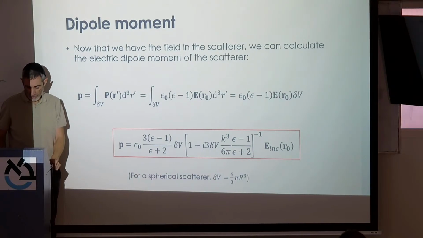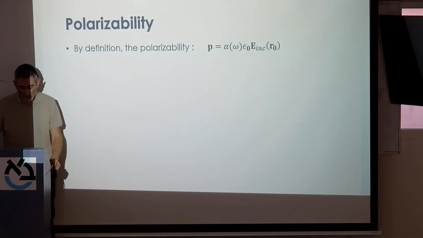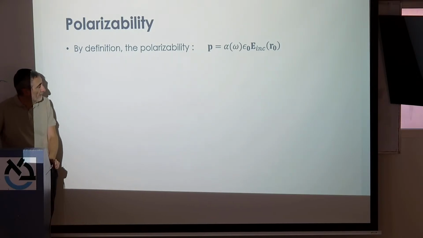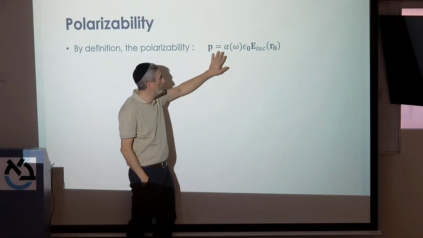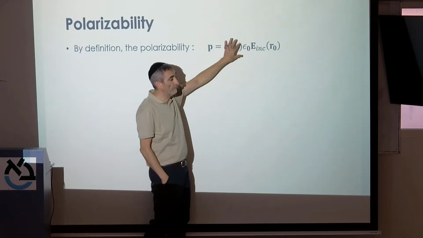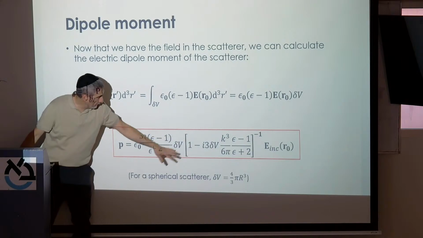It acts like damping. From here, we can calculate what is called the polarizability of the medium. The polarizability is defined as alpha, which relates P and E incident. This alpha contains all these complicated terms.